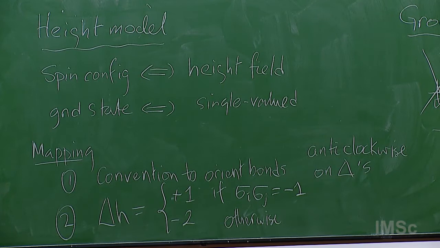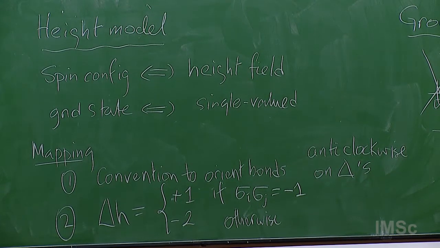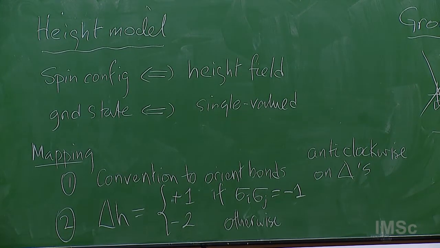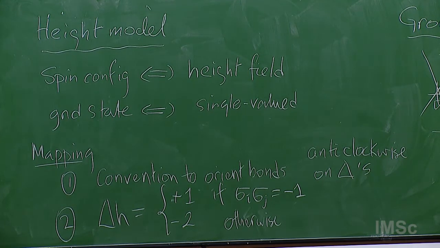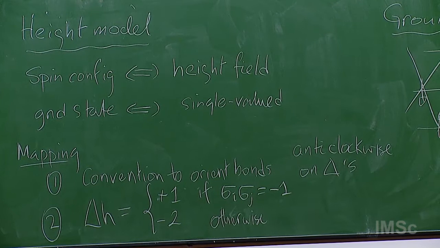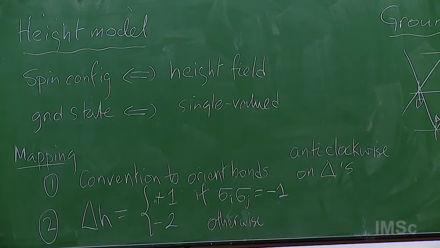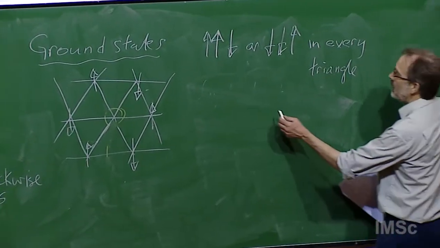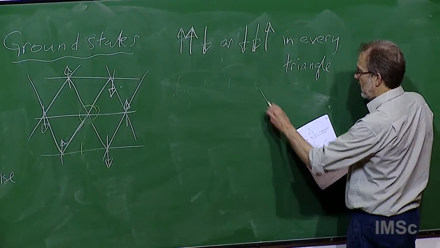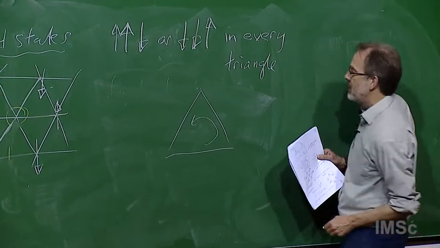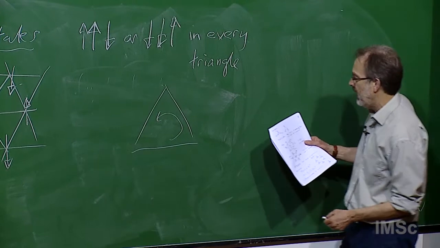No, so at the moment the heights are defined on the sides. There's going to be one more step, but so I'll keep this, but so what I mean is that if I have an up triangle, then my orientation convention is to go like that.